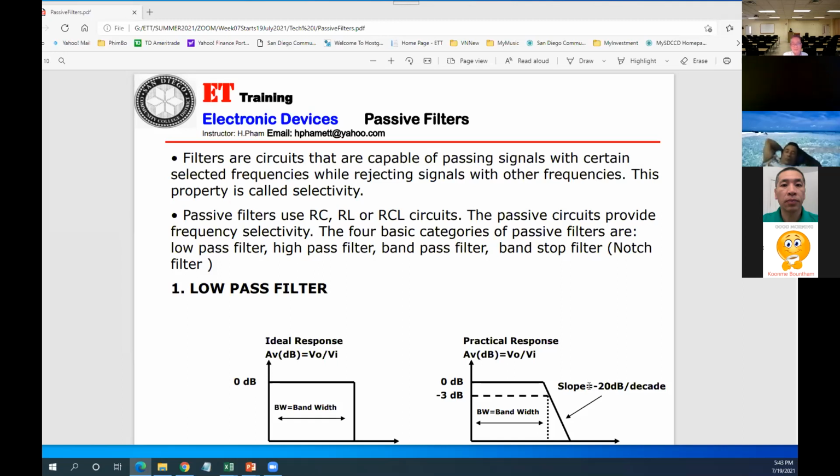They're working exactly the same, but they call it an active filter. That means they're using the op-amp, operational amplifier, adding to RC to build the filter that will be active, okay? Right now, we're talking about passive in the AC circuitry.